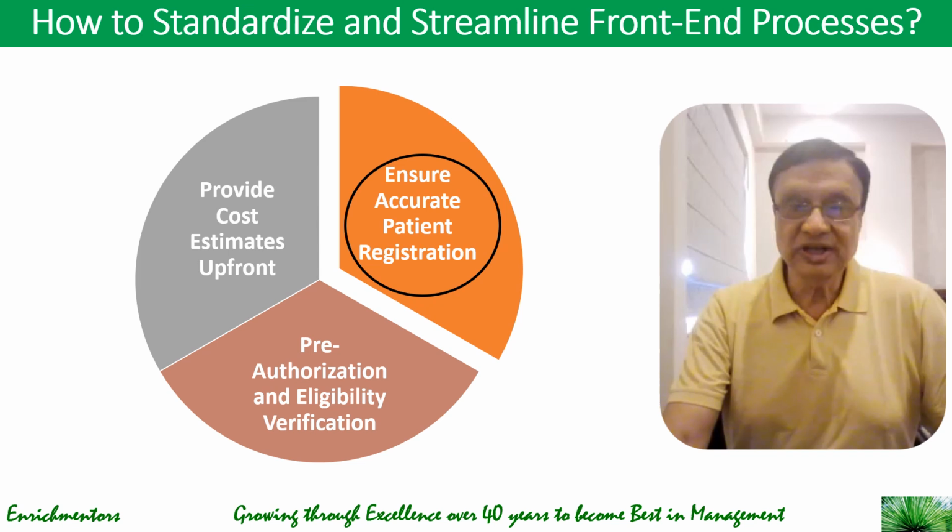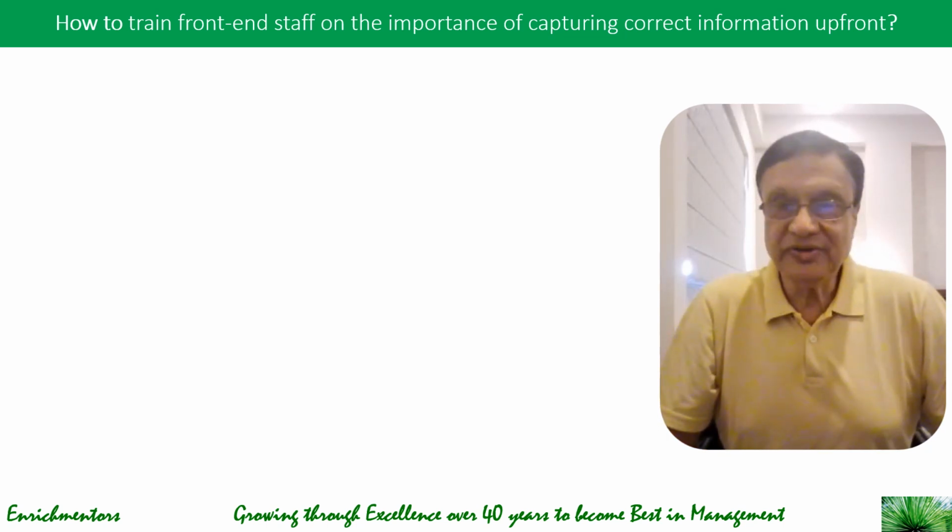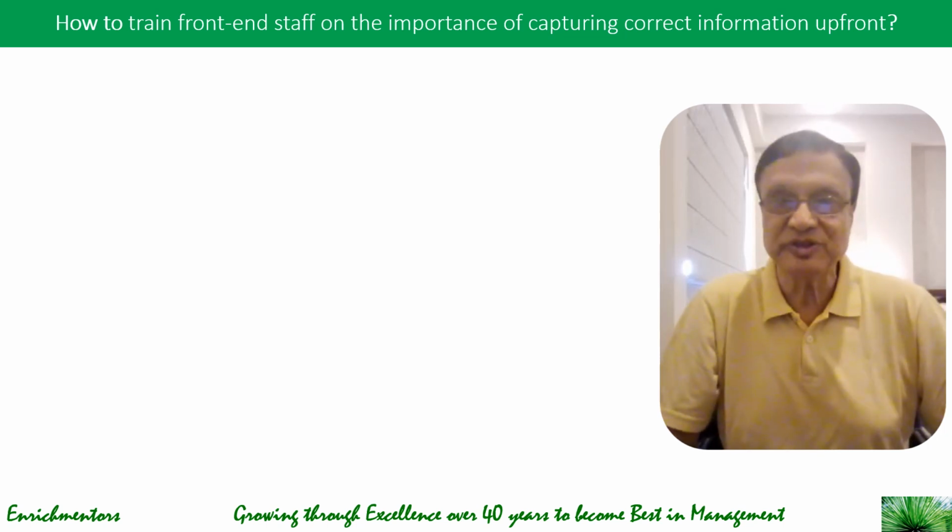So, let's take a look at how you can ensure accurate patient registration. That requires you to train the front-end staff. So the question is, how can you train the front-end staff on the importance of capturing correct information, right?